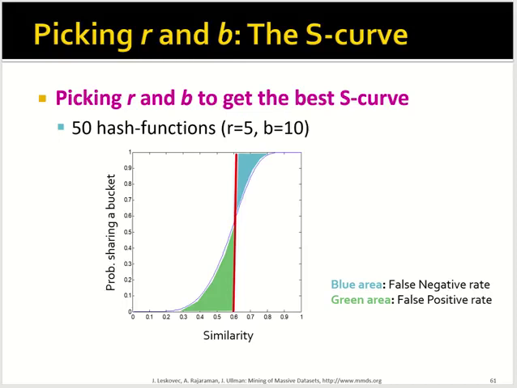So the implementation details should include the following steps. The first, we need to pick a value of k and construct for each document a set of k shingles.